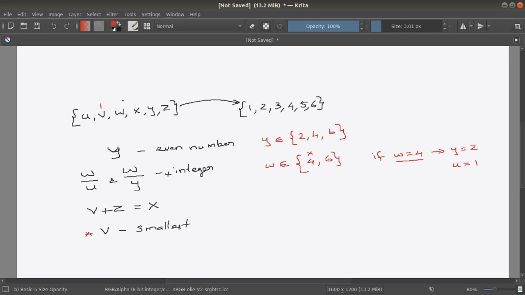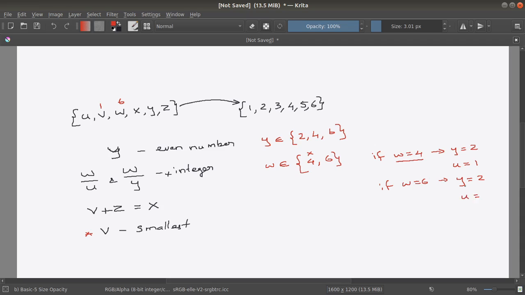Okay, so the w has to be 6, so I'm gonna put 6. Okay, if w has to be 6, then let's say if w is equal to 6, then what can I say about y? Well, I can say y is equal to 2 and u is equal to 3.